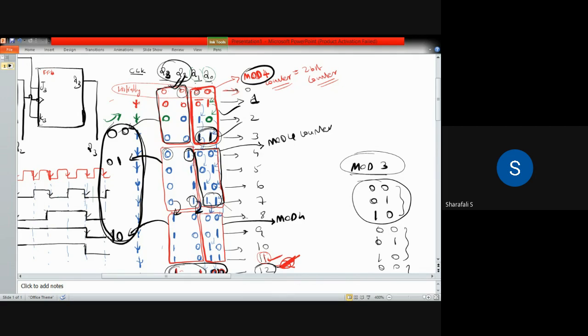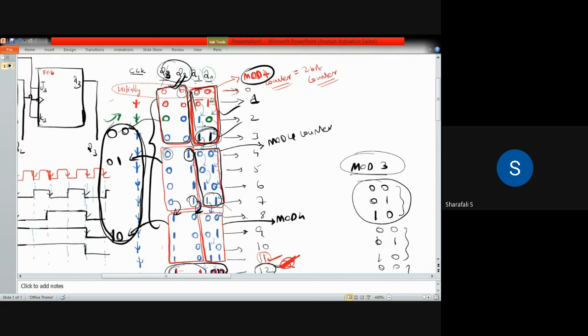So we can consider that the output of this mode 4 will be toggling this 0, 0 state to 0, 1, and then to 1, 0, which is nothing but a mode 3 counter. So the output of the mode 4 is toggling the state for the mode 3 counter.